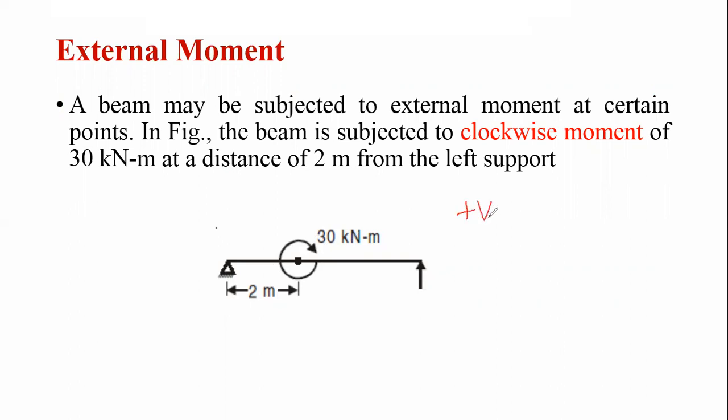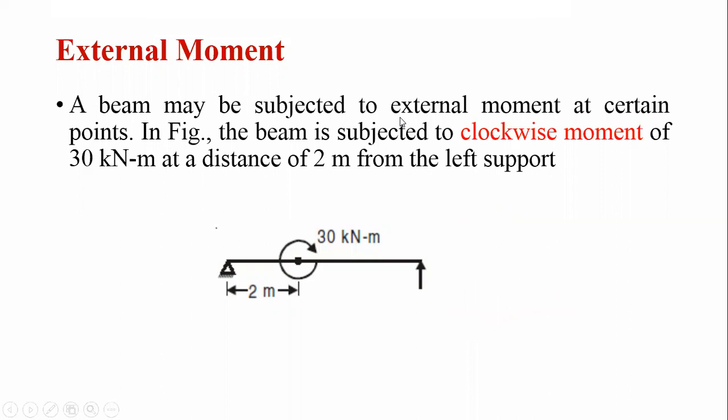If the moment is anti-clockwise, we take it as negative. Only in the summation of all moments do we consider this term. For summation Fx and summation Fy, we do not consider this moment. We consider this moment in the equation of summation of all moments only.